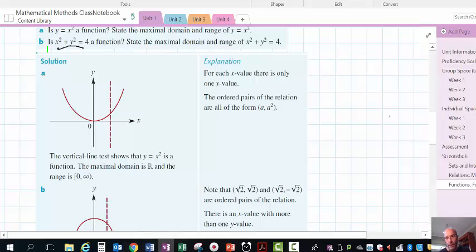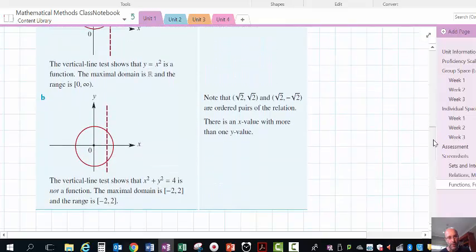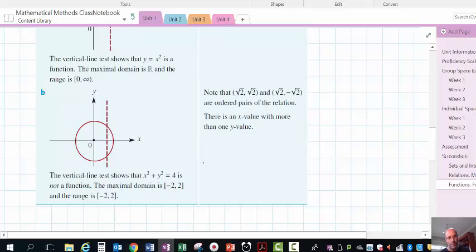The last example was, is x squared plus y squared equals 4 a function? And basically, as I might have mentioned in the past, that is the formula that will produce a circle if you plot it, and you're not expected to know that at this stage, but I'm helping you out by letting you know.